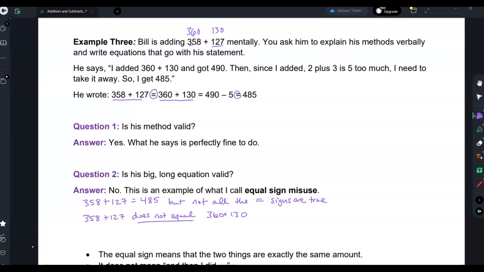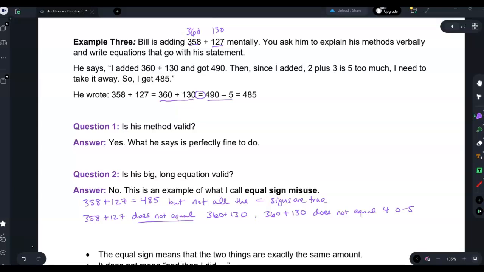And then if you look at the next equal sign, look at those two expressions. That's not true either, right? 360 plus 130 does not equal 490 minus 5.